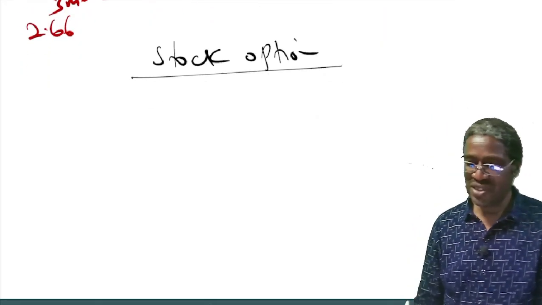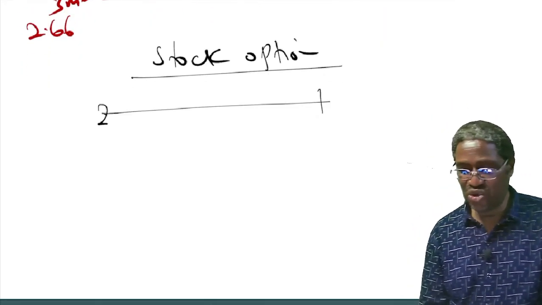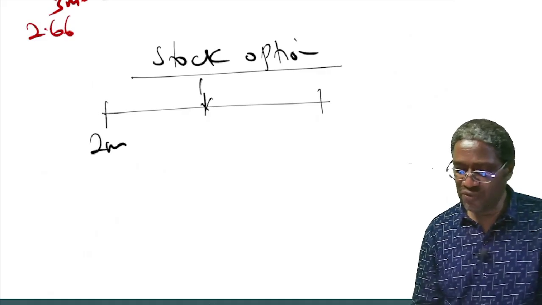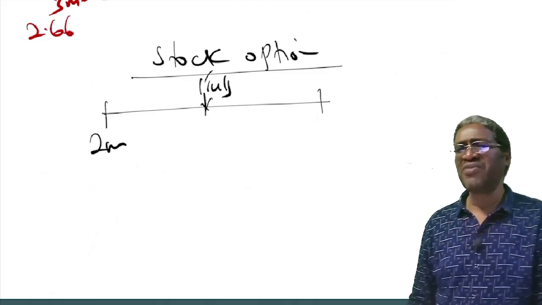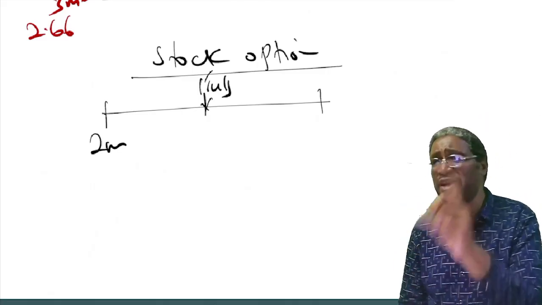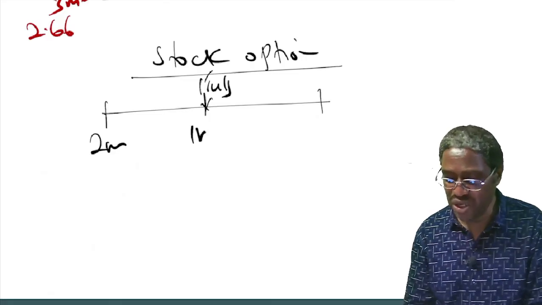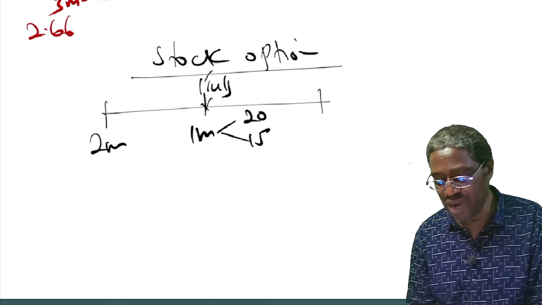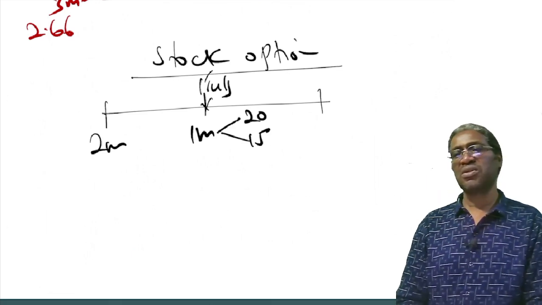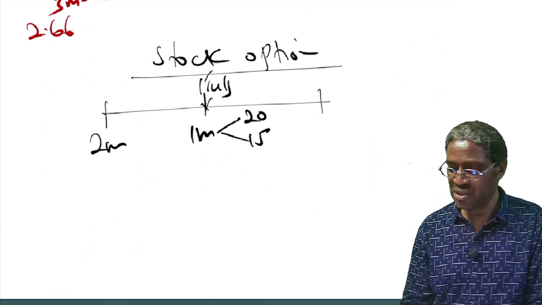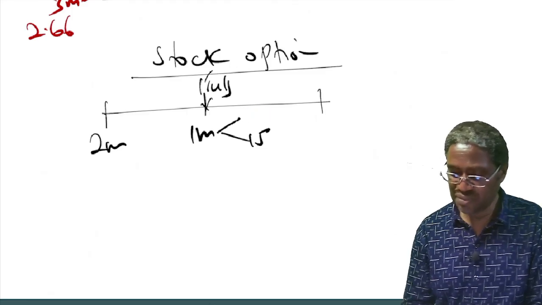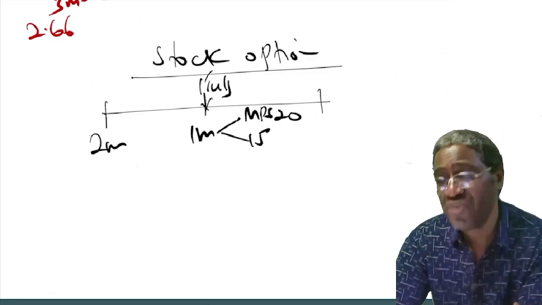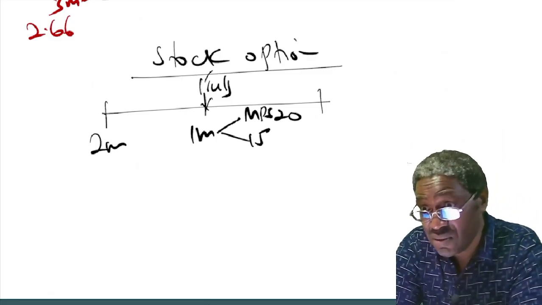Now listen. We began the year with 2 million shares. On 1st of July, the company gave the employees the privilege to buy 1 million shares at a price of 15 when the market price was 20. The market price is 20, but they were given the privilege of buying them at 15.